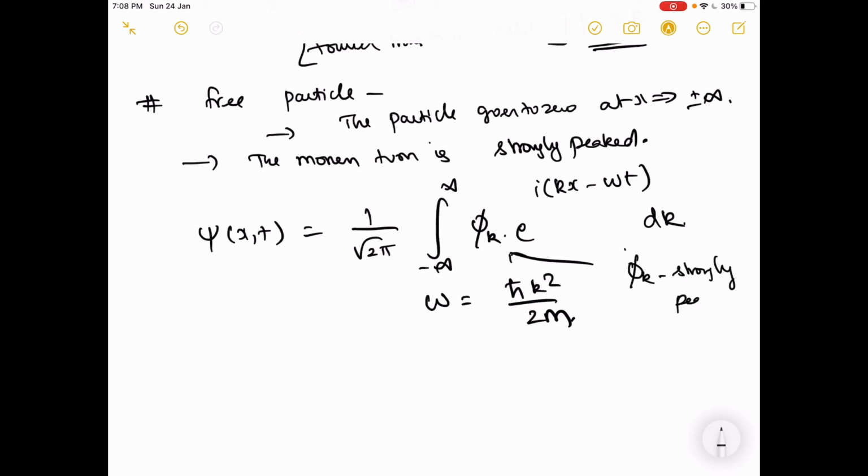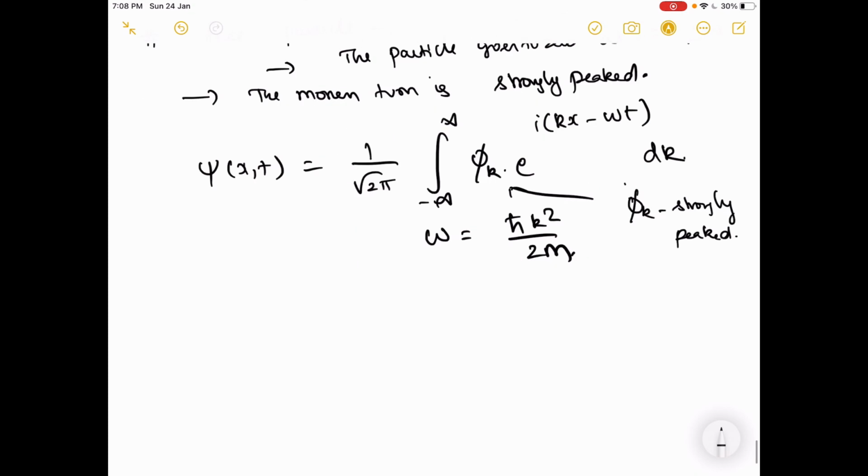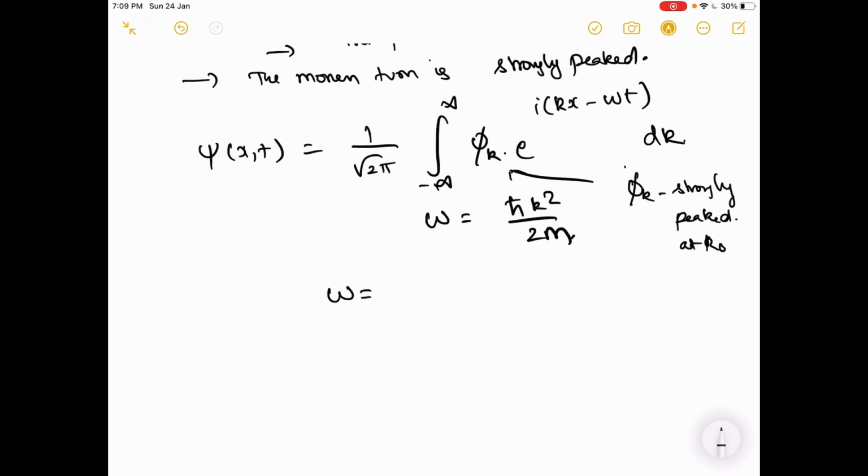So this is the Fourier transform, right? So this Fourier one is going to be strongly peaked. When k is strongly peaked at k naught, we can write omega in a Taylor series expansion: omega naught plus dou omega by dou k times (k minus k naught). Because it is strongly peaked, you can expand this in this particular format.